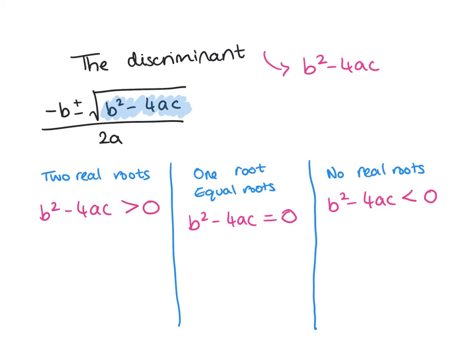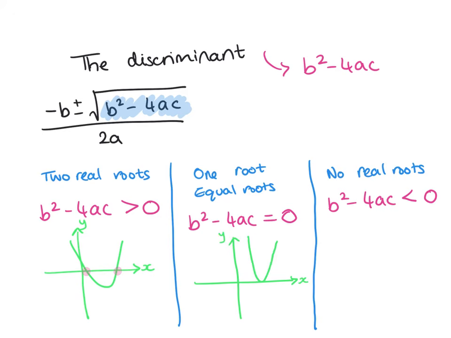So what does this actually mean, with all these roots? When I have my graph, if I have 2 real roots, it's going to cross the x-axis at 2 points. If I have 1 root or equal root, it's going to cross the x-axis at 1 point.